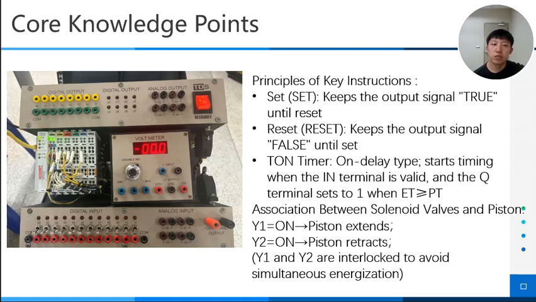When the time reaches the set value, the output becomes true. Also, solenoid valves and piston: Y1 on, the piston extends. Y2 on, the piston retracts. Y1 and Y2 can't be on at the same time, to avoid problems.